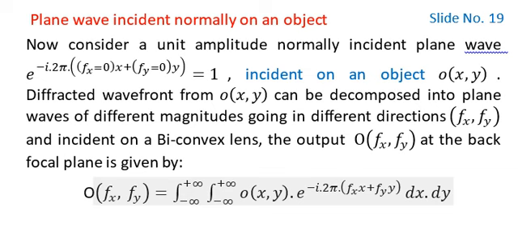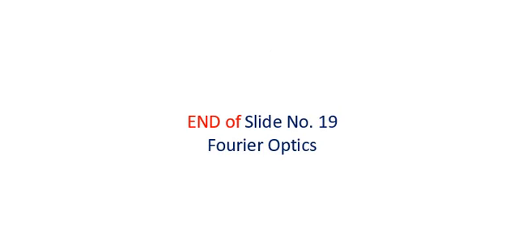So actually this integral gives you the Fourier transform of the small object O, which is defined in the space variables x and y, and we obtain the Fourier transform capital O with Fourier variables fx and fy. Here fx and fy are the Fourier variables. So this integral gives you the definition of the Fourier transform. We shall be using this integral repeatedly in the next few slides. And here now is the end of slide number 19.